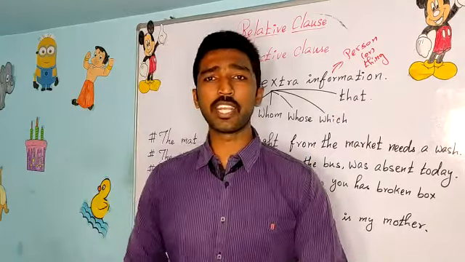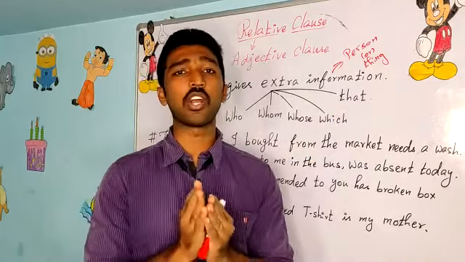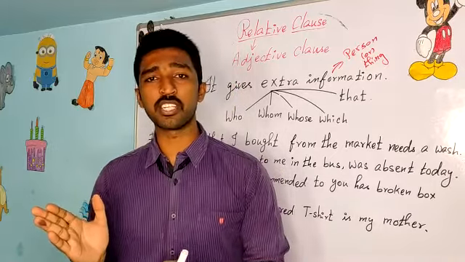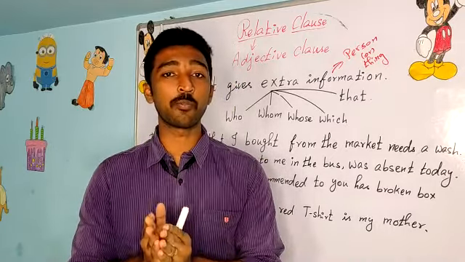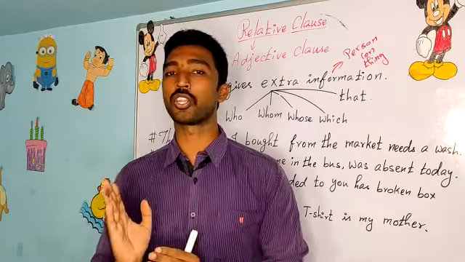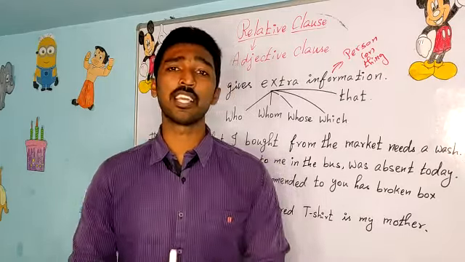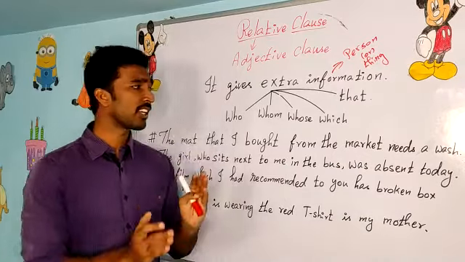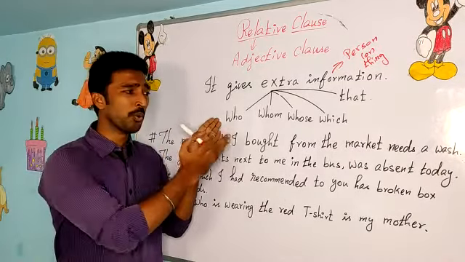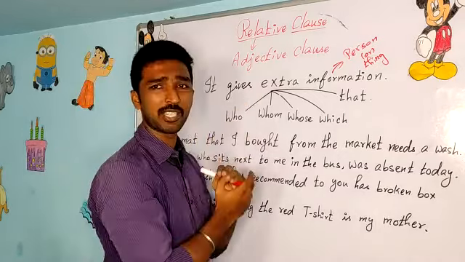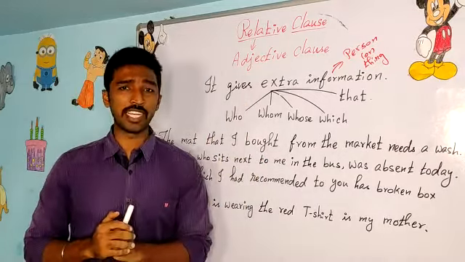I told you at the beginning, relative clause is to give extra information to the sentence. And it adds the extra information on the person or thing which is mentioned in the sentence. And here, where we have to use who and where we have to use whom, whose, which, that, let me tell you in detail.